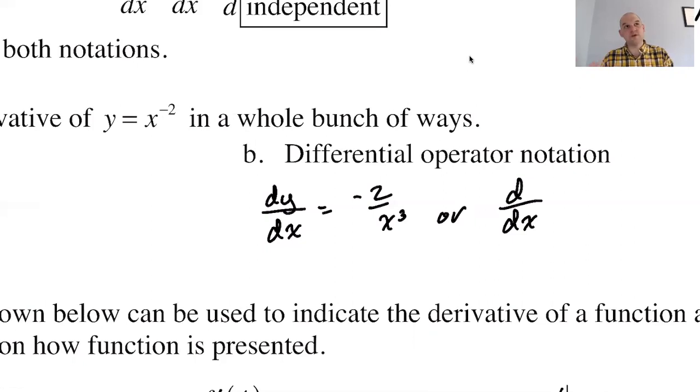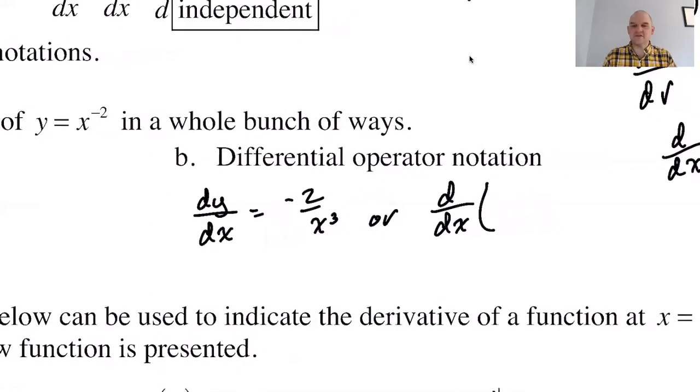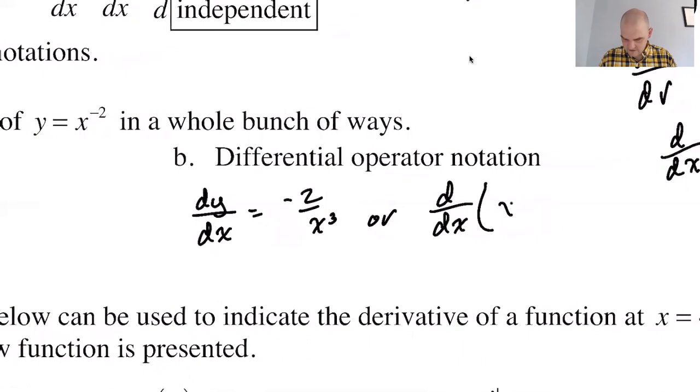That's what with respect to means. D dx, the derivative with respect to x of, now I give it the function, right? So think like your calculator. And this would be negative 2 over x cubed.